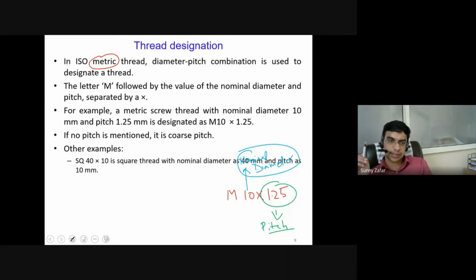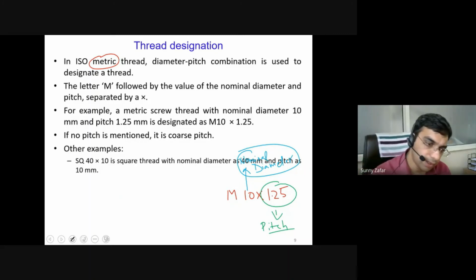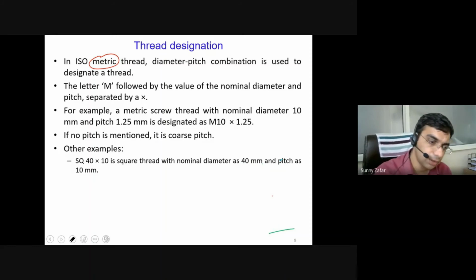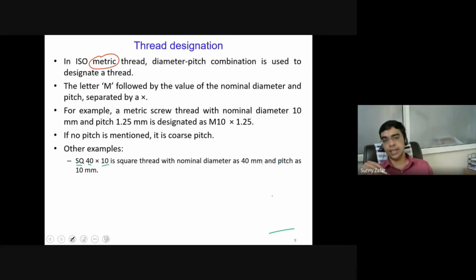For other threads which are beyond the metric V threads, you can see how the nomenclature goes. For example, if the nomenclature is mentioned as SQ 40 cross 10, this indicates it is a square thread with a nominal diameter of 40 millimeters and pitch as 10 millimeters.